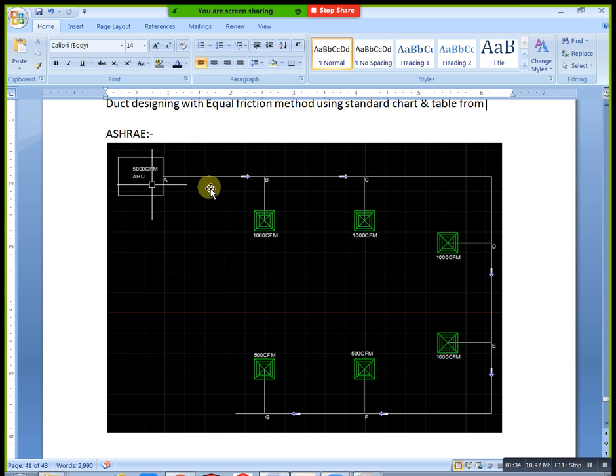Can you draw this diagram, all of you, or otherwise you will take the A to B section. Duct design, or duct size, section A to B. Can you write that one and apply 5000 CFM here? Yeah, this is 5000 CFM here.